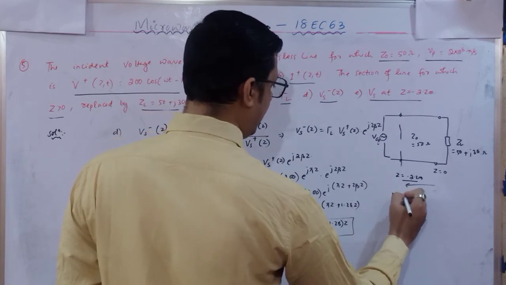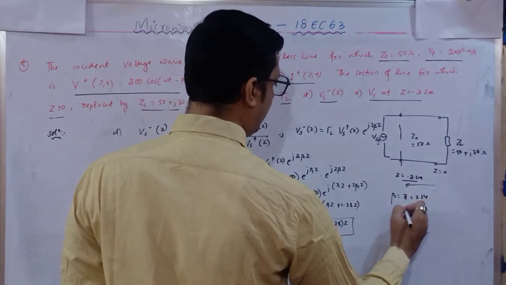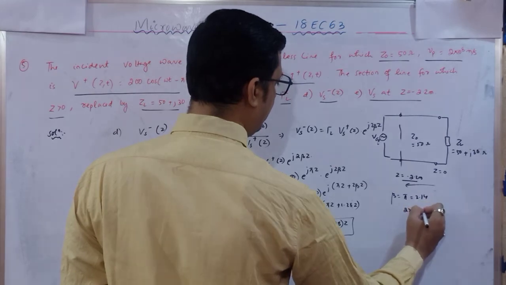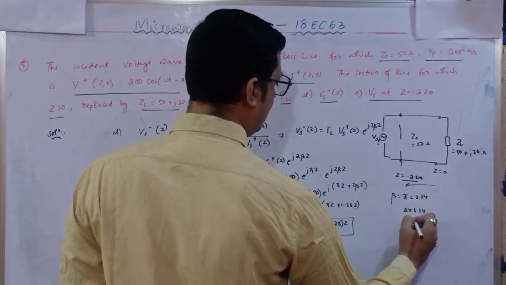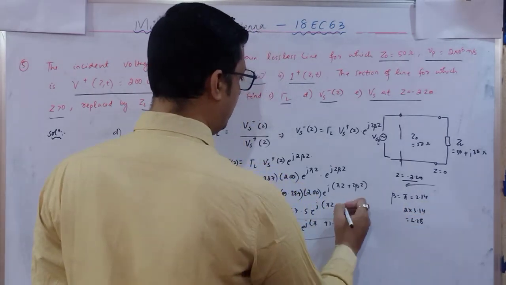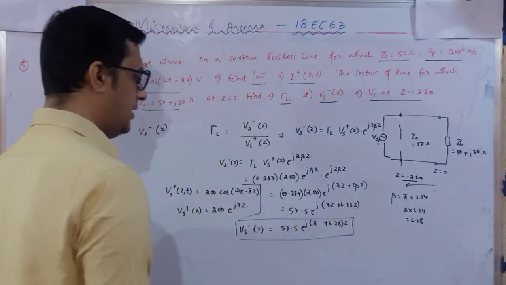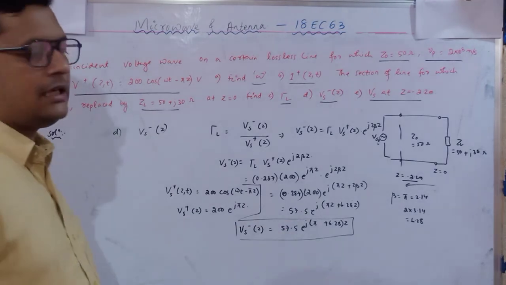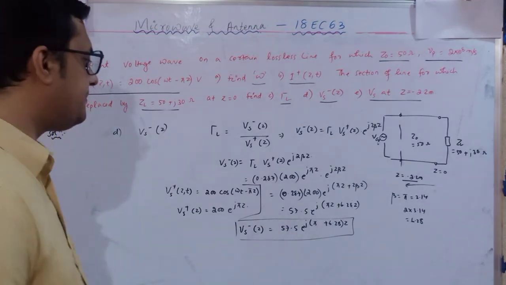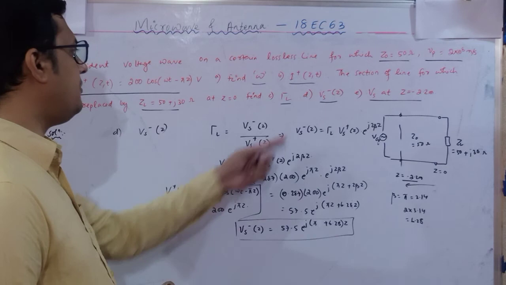Beta is pi, 3.14. 2 into 3.14, one correction, this is 6.28 and this is 6.28. Done. So this will be my potential value. So this is my reflection potential.